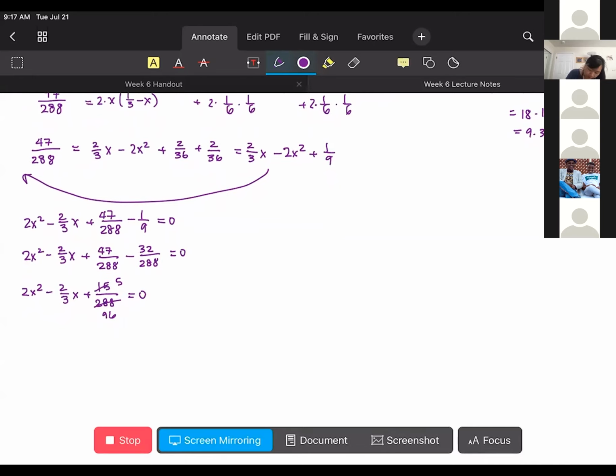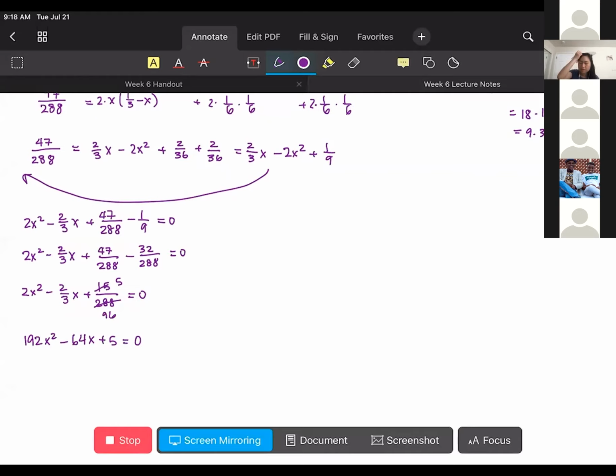So that's going to give us 192x squared minus, I believe it's going to be 64x plus 5 equals 0. Did I do that right? Yeah. All right.